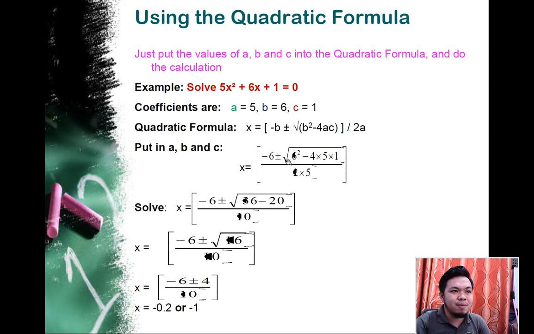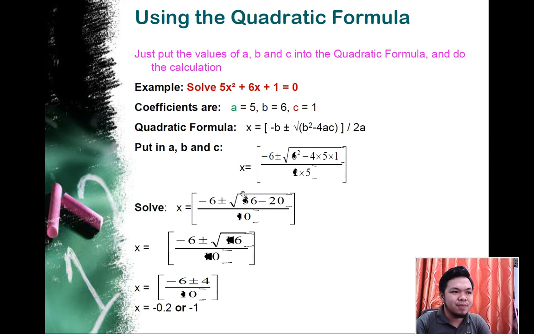Then, plus or minus square root of 6 squared minus 4 times 5 times 1, over 2 times 5. Then, just simplify it.